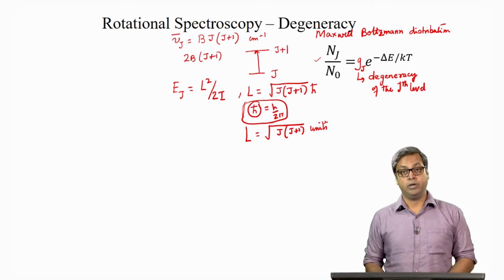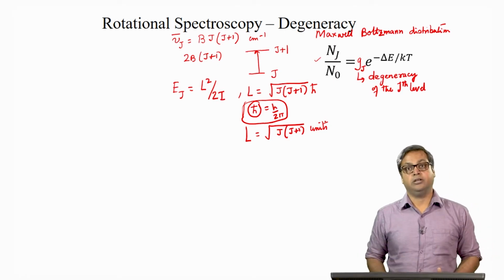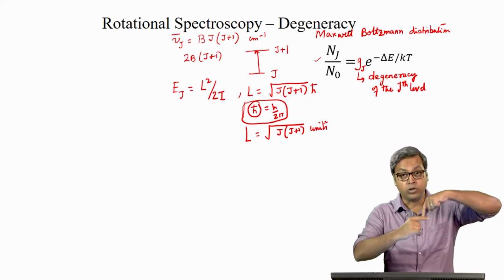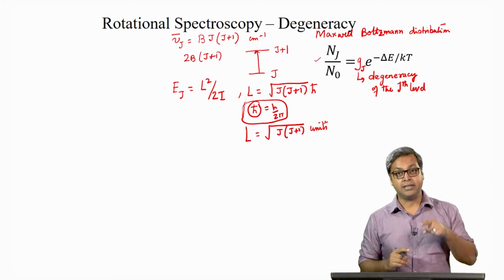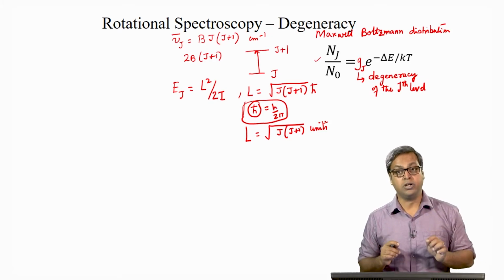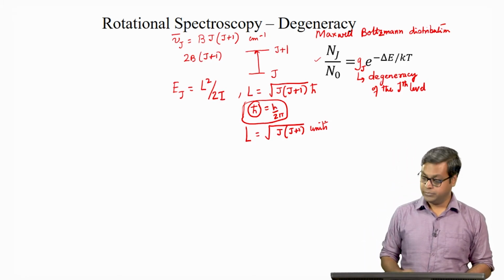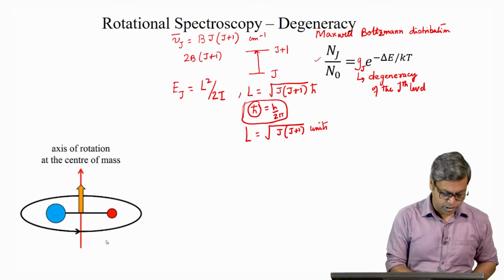Angular momentum, being a vector, has both magnitude and direction. The direction of the angular momentum is along the axis about which the rotation occurs, and is generally drawn as an arrow of length proportional to the magnitude of the angular momentum. So, here we have a diatomic molecule.